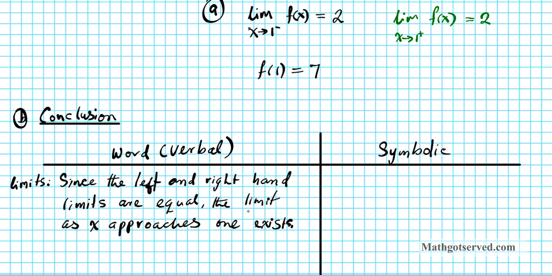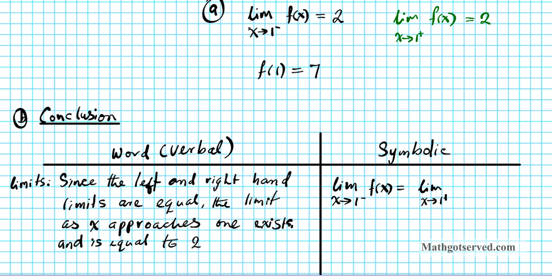Okay, let's write this out in symbolic form. The limit as x approaches 1 from the left of the function is equal to the limit from the right, and both are equal to 2.